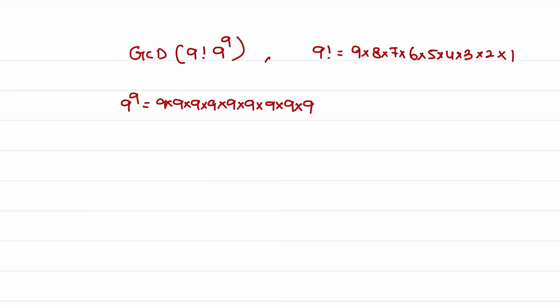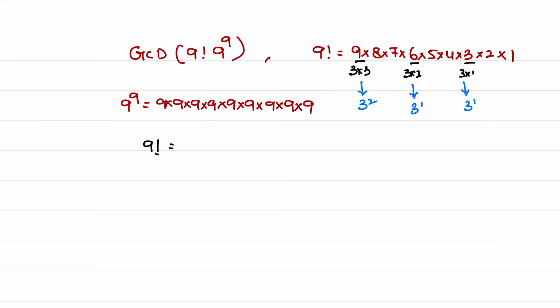9 factorial, can we write like this? Multiples of 3. 9 can be written as 3 into 3. 6 can be written as 3 into 2. 3 can be written as 3 into 1. Are there any factors in the form of 3? 3 square, 3 to the power of 1. We are talking about only 3 and their powers.